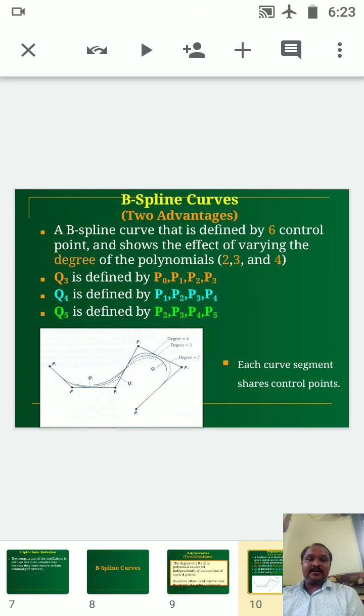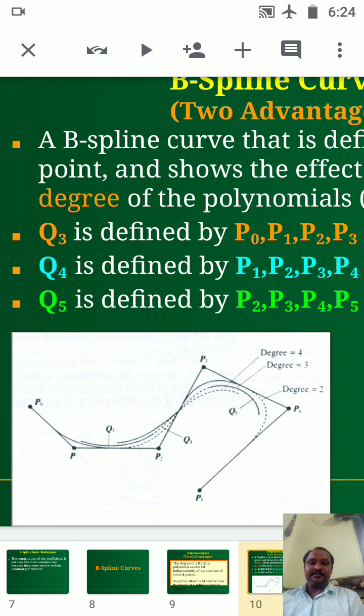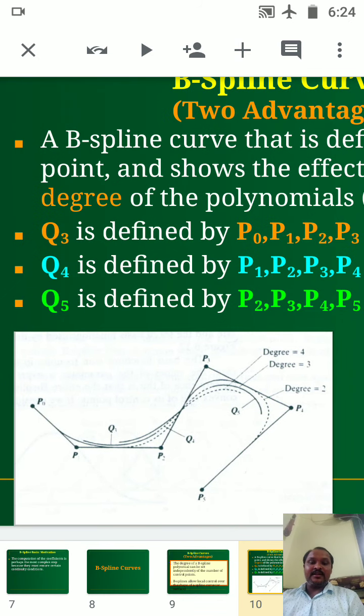So in the Bezier curve and in the B-spline curve, the two advantages I will show you here. A B-spline curve that is defined by 6 control points, and show the effect of varying the degree of the polynomial, that is 2, 3 and 4, as shown in the figure. Here, the degree of the polynomial is P2, P3 and P4.